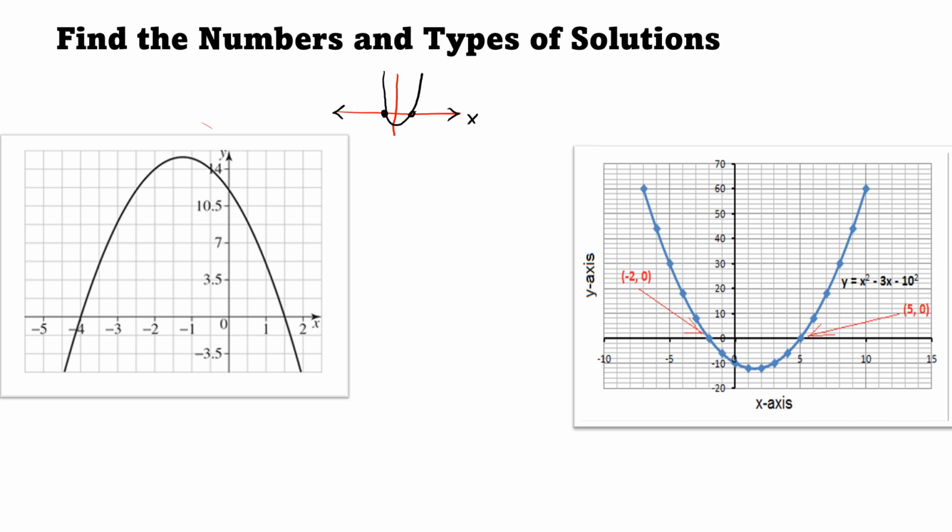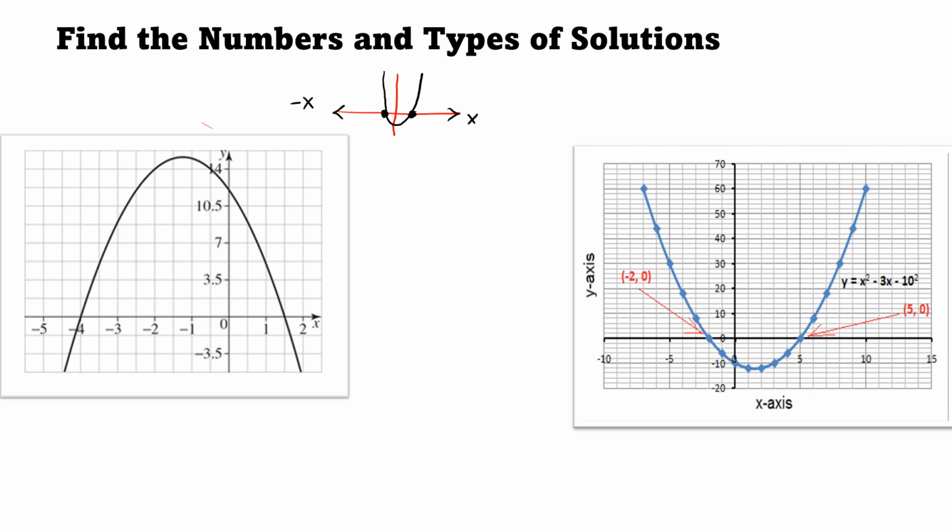Wherever it touches the x-axis, those are the x values, because the number of solutions tells you the values of x. So how many times does it touch the x-axis? It touches the x-axis 2 times.